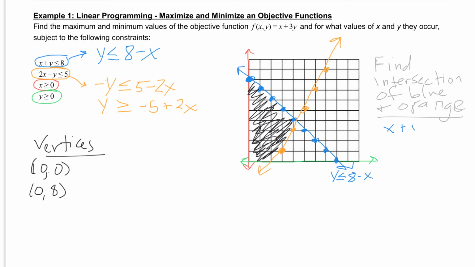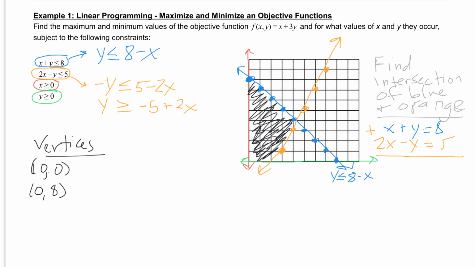X plus y equals 8, and my orange line is 2x minus y equal to 5. And I have to solve that system in order to find that intersection point. If you know how to find the intersection on your calculator, go ahead and do it that way. If you want to know how to do it on your calculator, please call me over and I will assist you with that. Or you can do it by hand.